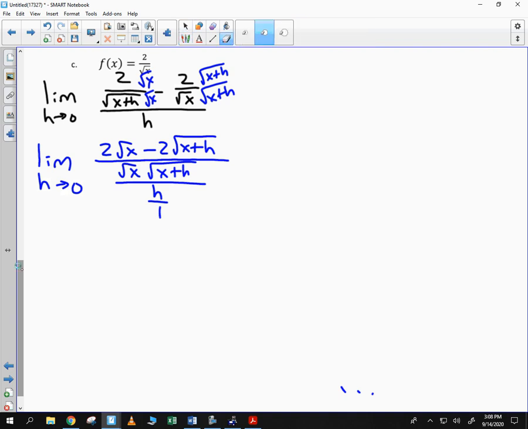In order to simplify the complex fraction, we multiply by the reciprocal. So as you multiply by 1 over h, that's just going to draw an h to the denominator. Now, to get rid of those square roots, we multiply by the conjugate.